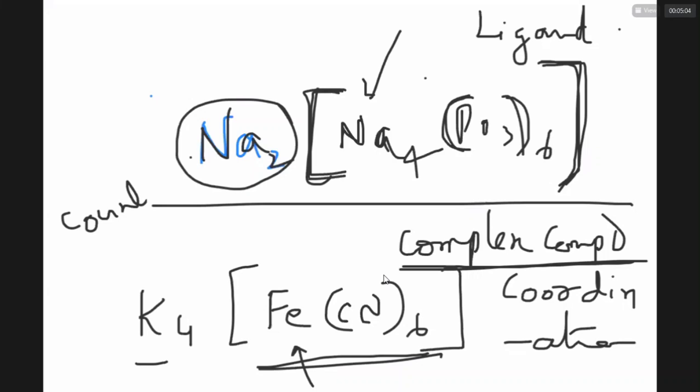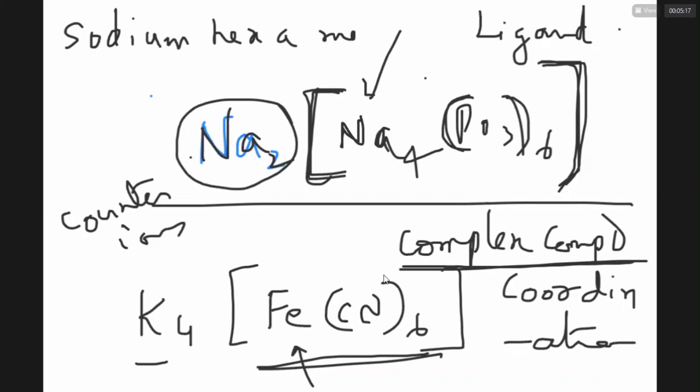They are not important. Anyway, this is a complex compound. The name of this complex compound is sodium hexametaphosphate. It is difficult to call it with such a big name, so simply you can call it Calgon.